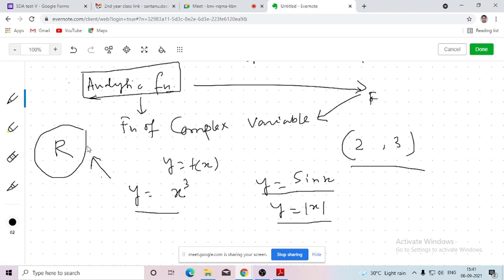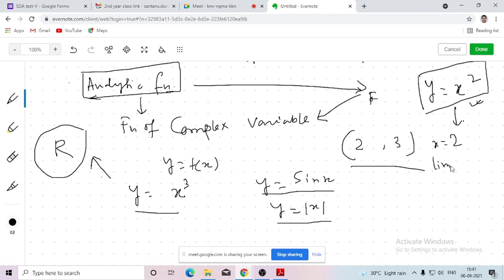Sir, please repeat what you said. I'm telling that, if I give you a function y equals x squared, and ask whether it is differentiable at x equals 2, then you can either differentiate it and put x equals 2, and if you get a particular value, the function is differentiable at x equals 2.